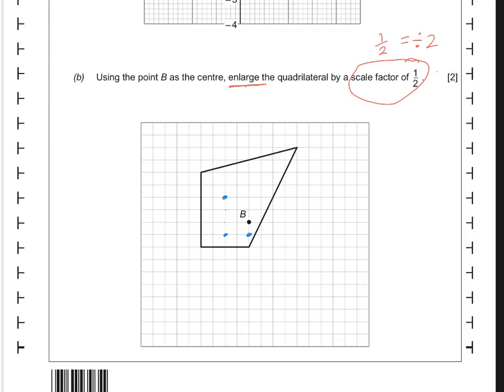So instead of going up 6 and across 4, I now need to go up 3, 1, 2, 3, and I need to go across 2, 1, 2. So by there. Okay, now it's a case of just joining up the dots with a ruler. So yours should look better than mine because I'm doing it freehand. There and there, and it's absolutely fine to have the shape inside another shape.